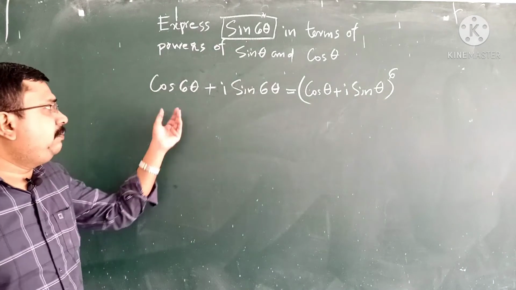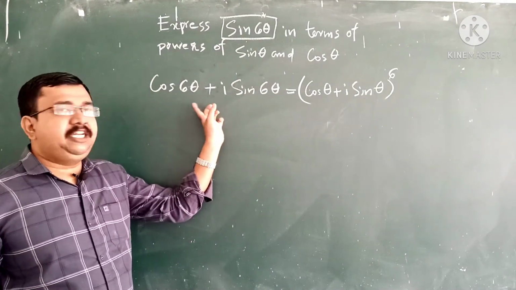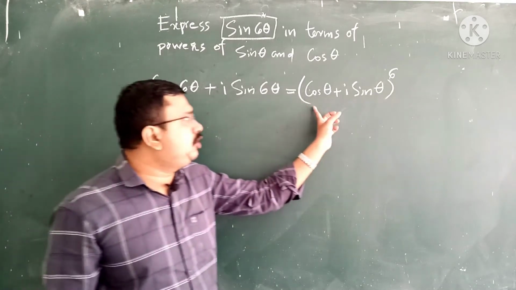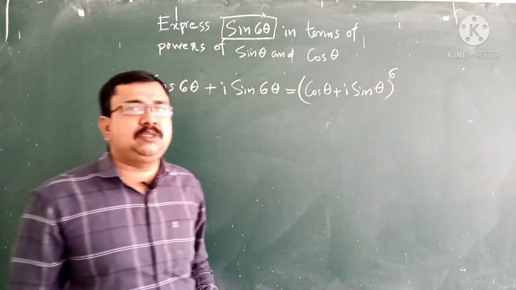By De Moivre's theorem we can write cos 6 theta plus i sin 6 theta is equal to (cos theta plus i sin theta) the whole raised to 6.